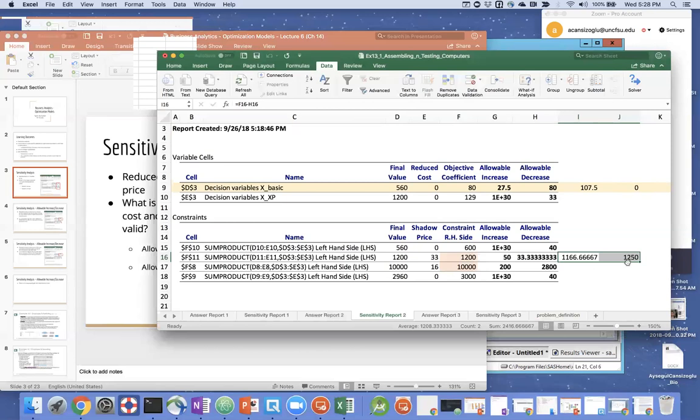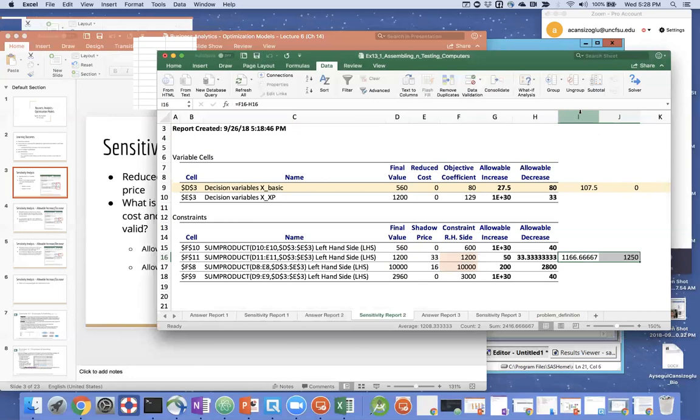So if you want to increase it, you need to go maybe 1260 or something, right? You need to get out of this range, because as long as you stay within this range, nothing is going to change. So when you are increasing your right-hand side, you need to get out of the range.